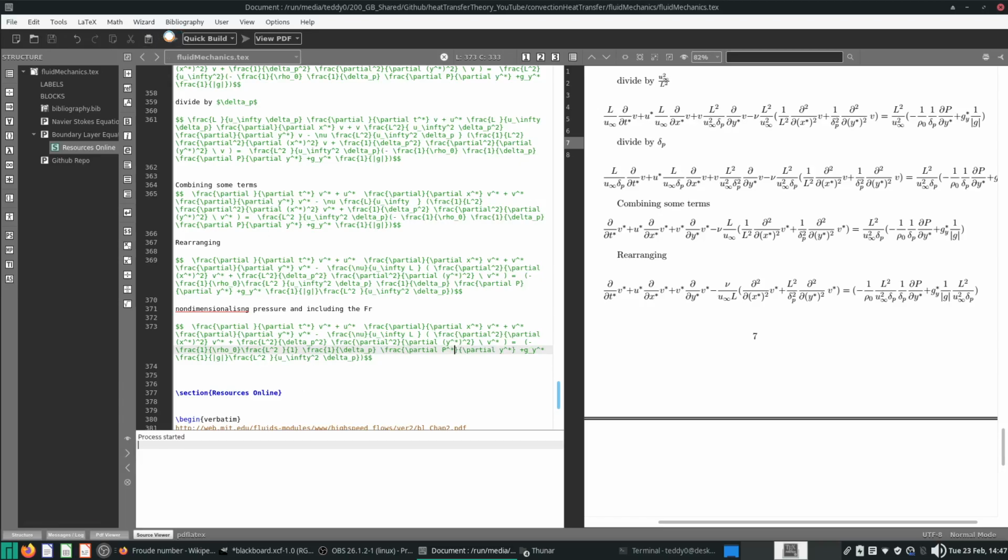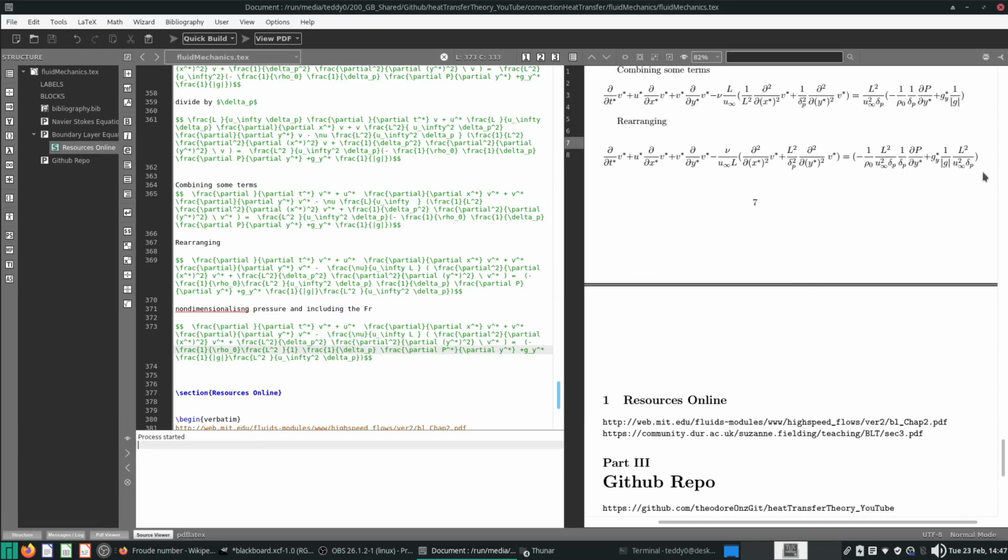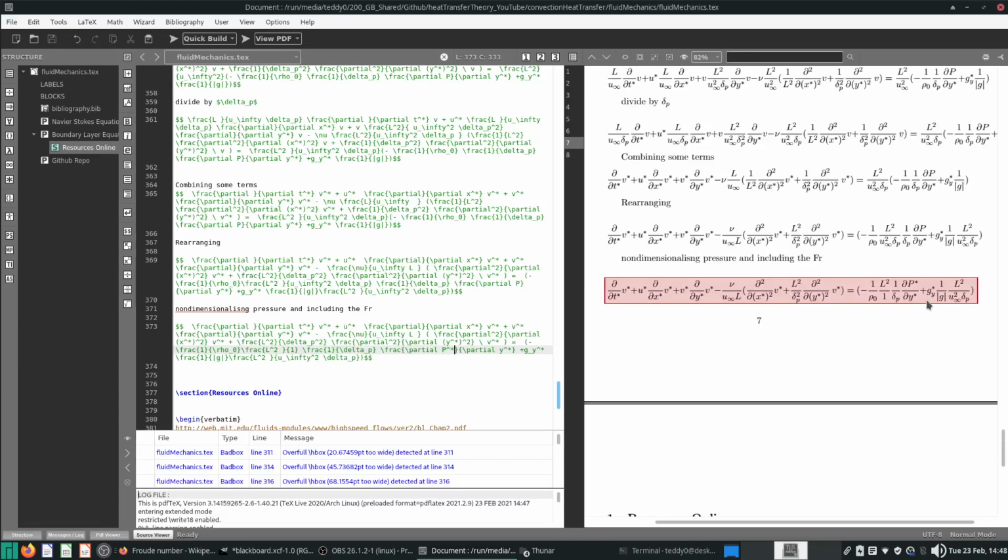And over here we can actually use the Froude number. So Froude number is G times L squared, or G times L, sorry, G times L.